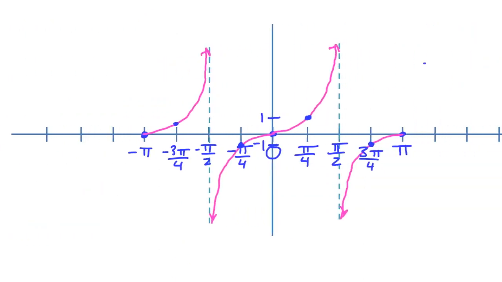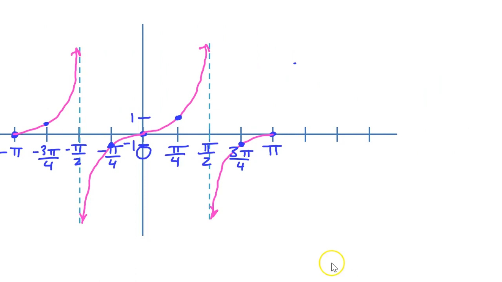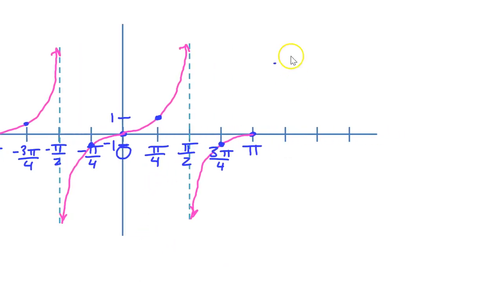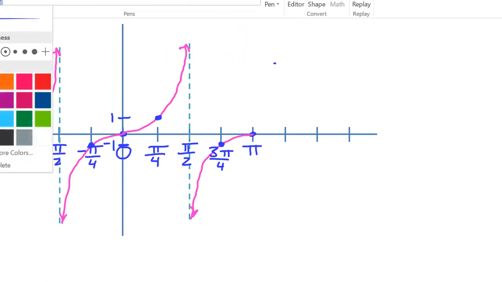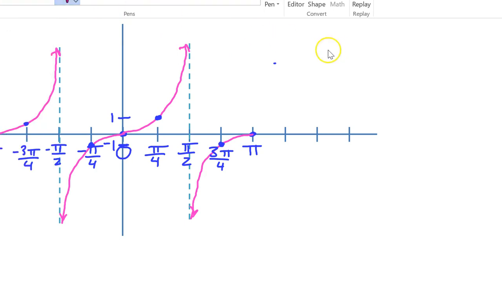Now we're going to have more vertical asymptotes repeating every period. Every time I add pi, since pi is the period, I'm going to get another asymptote. So if you really wanted an equation for all of the asymptotes, here's what you could say. I think I'll use purple.